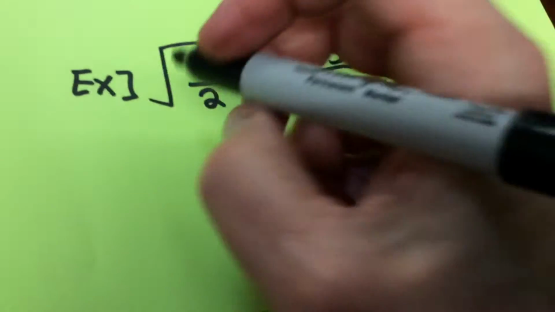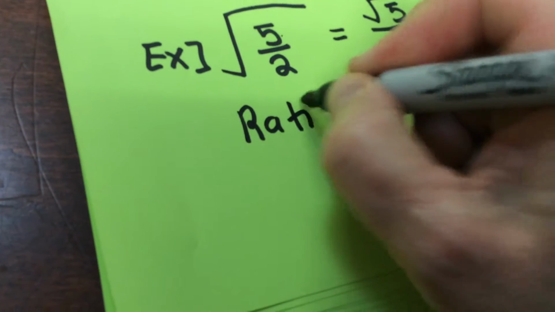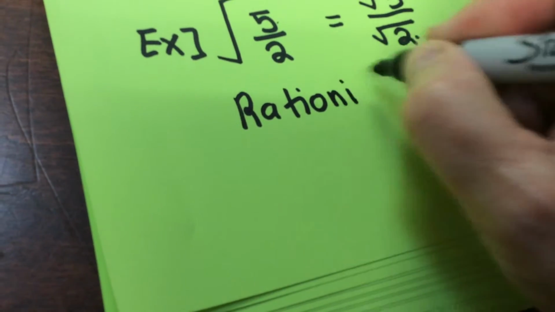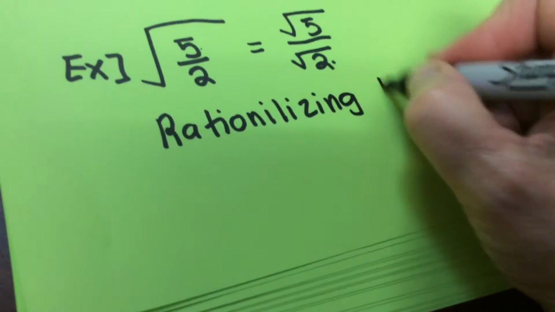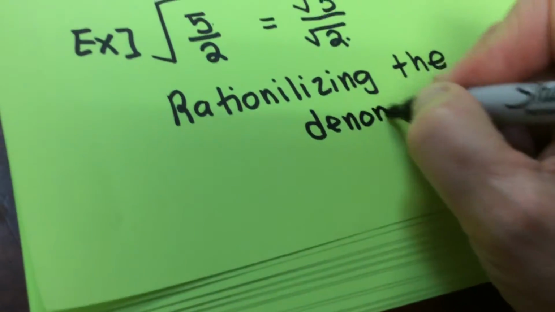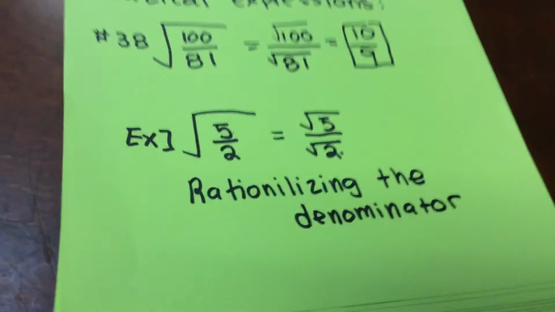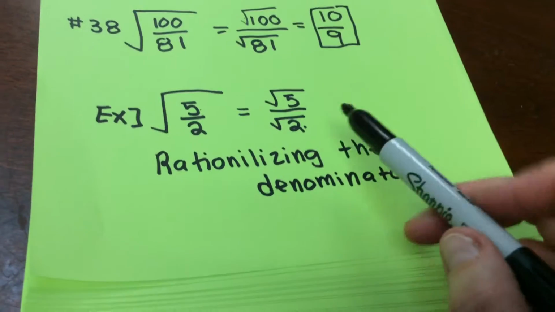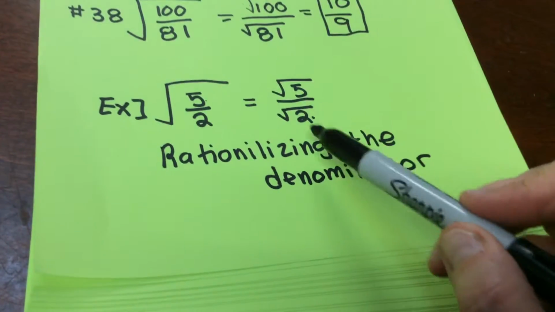Unfortunately, it's not, because we have something called rationalizing the denominator. What it means by rationalizing the denominator, it says you can never, ever, ever have a square root in your denominator.